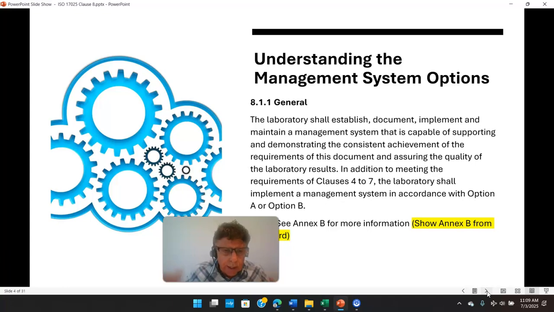So that's really the difference between the two options. If you are in option B, meaning that you are 9001 certified, the ISO 17025 auditor doesn't spend as much time with clause 8. That is basically the gist of the matter.